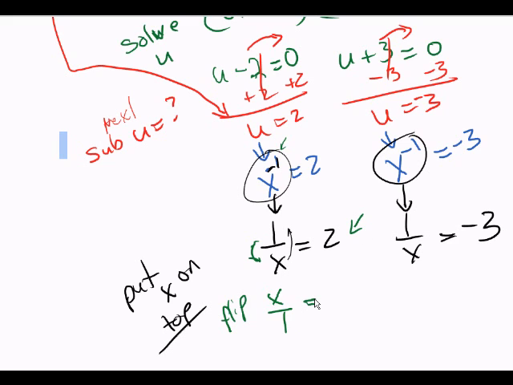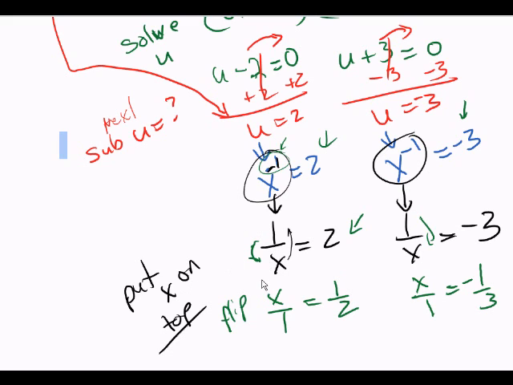But remember, whatever you do to one side, you have to do to the other. 2 is now 1 over 2. If I flip this x over 1, I have to flip the negative 3, and I get negative 1 over 3. So we didn't flip the 2 and the 3 earlier because we didn't do the same thing to both sides.